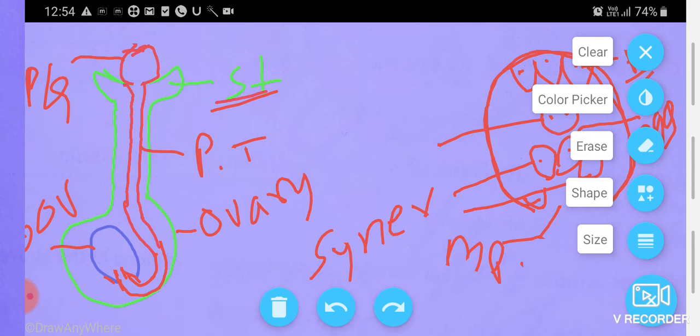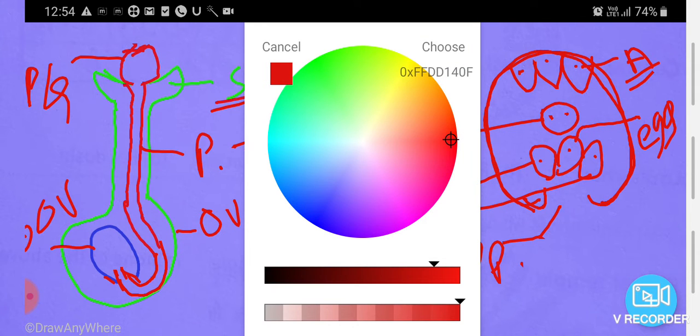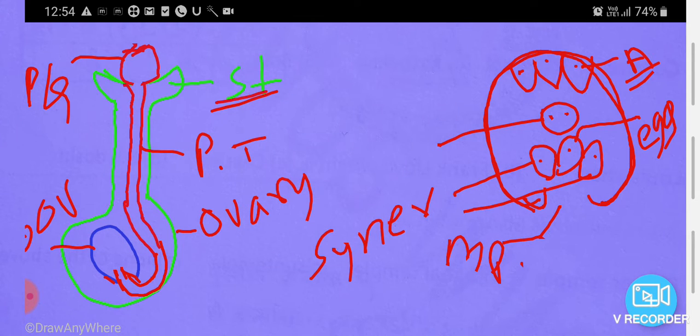So once this pollen tube enters into the ovule, it carries two male gametes along with it.